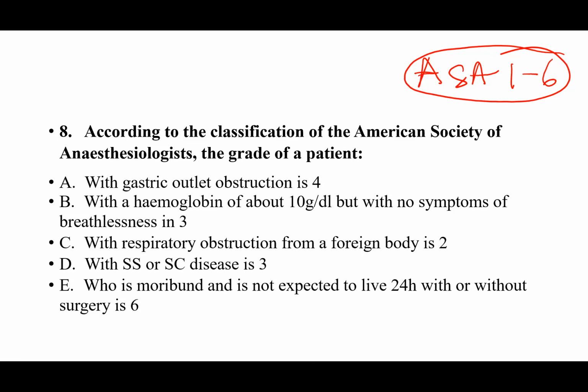An example is gastric outlet obstruction. ASA 4 is a patient with an incapacitating systemic disease that is a constant threat to life, e.g. respiratory obstruction. ASA 5 is a moribund patient not expected to live 24 hours with or without surgery. Then ASA 6 is a brain death patient.